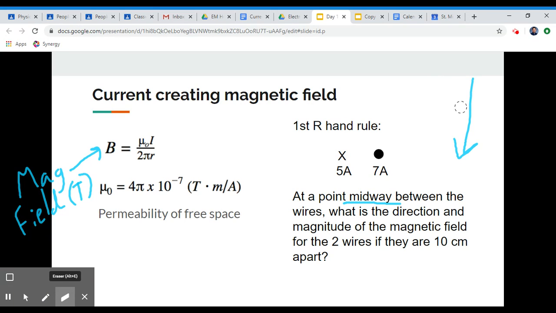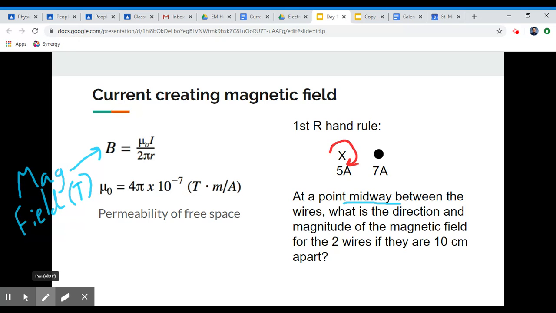The right-hand rule that I'm going to use here is my first right-hand rule. I'm going to take my thumb and point it either out of the page or into the page, and that's going to determine which way the magnetic field is going around that wire. For this first one, this 5 amp wire, the current is going into the page. Since your thumb is pointing into the page, your four fingers curl around in the clockwise direction.